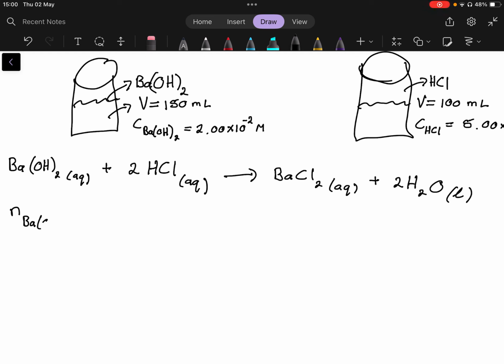The amount of moles of barium hydroxide that we are adding will be equal to the concentration of the barium hydroxide multiplied by the volume of the barium hydroxide.